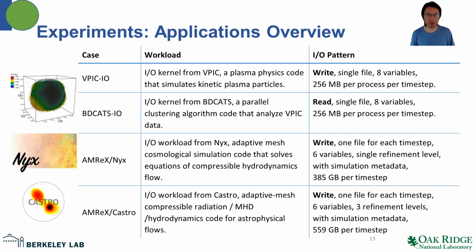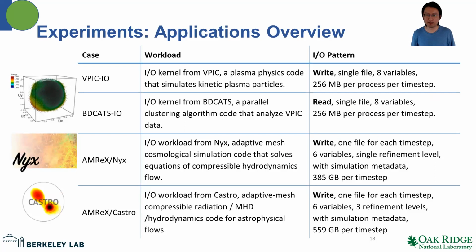We further evaluate real application codes with our tuned parameters to prove their effectiveness. We have shown 4 different applications. VPIC-IO and BD-CATS-IO are IO kernels from the VPIC code, which is a plasma physics code that simulates kinetic plasma particles, and BD-CATS-IO reads the data of the VPIC data and then performs a parallel clustering algorithm.